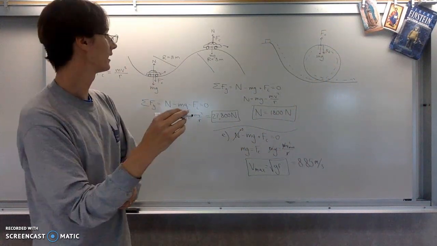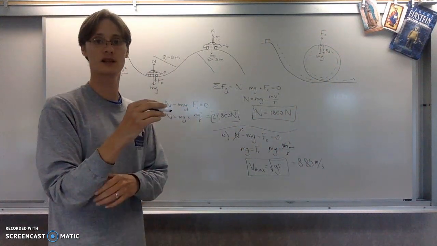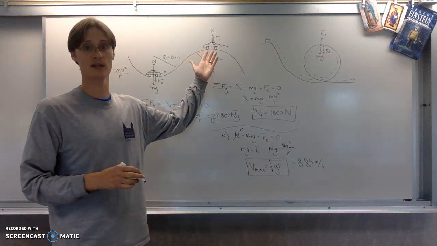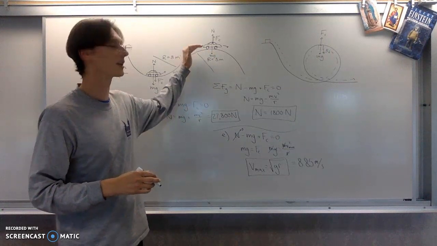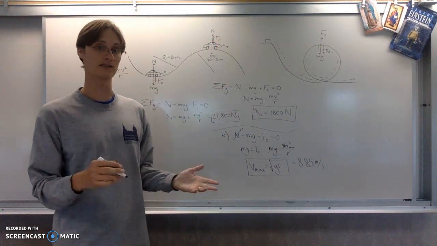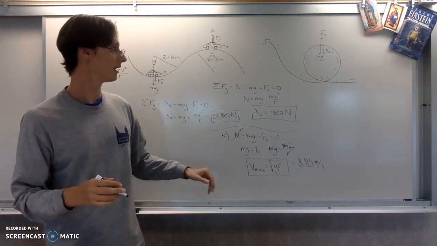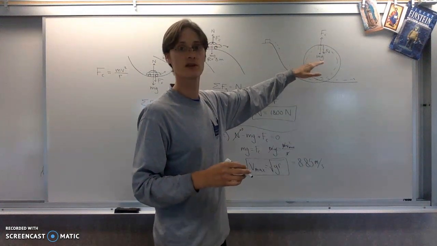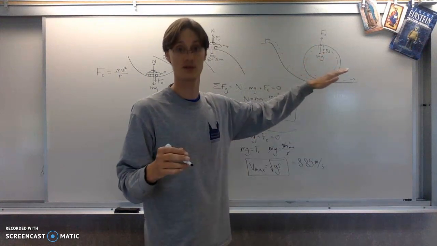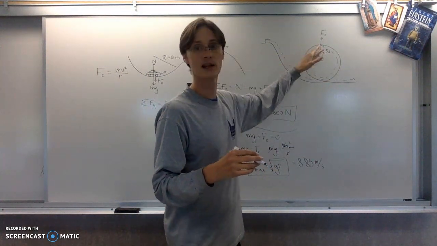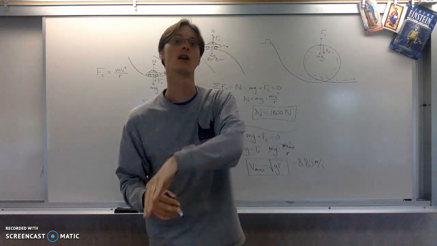So the calculations end up being a little bit different. For the car, there's a maximum speed you can go without becoming airborne and therefore leaving a circular path and turning into a parabola. In this case, there's a minimum speed instead of a maximum, where if it's going any slower than that when it gets to the top, it will just fall off the track.